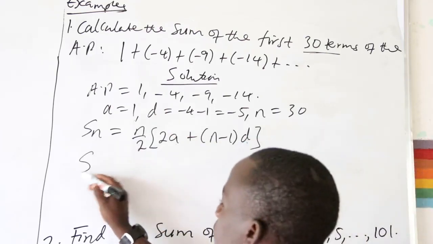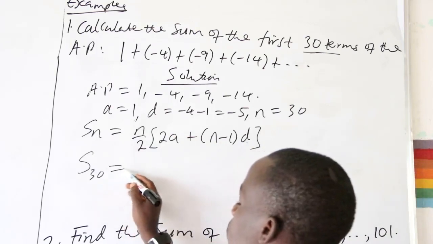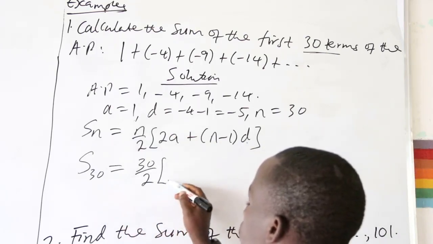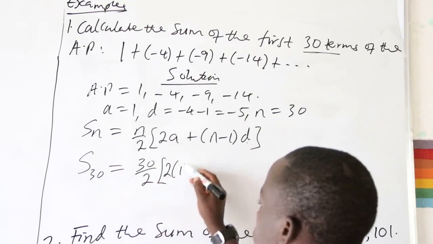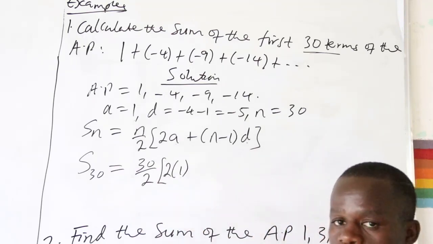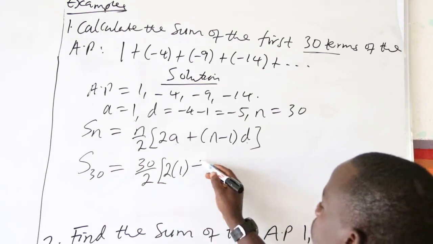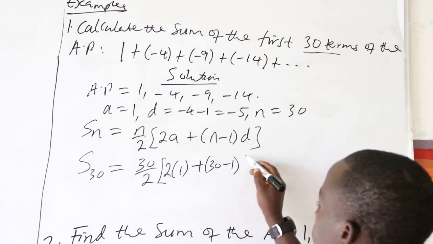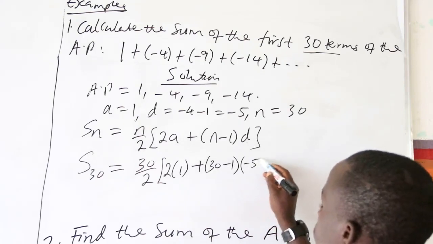So we now say S30 equals 30 all over 2 into (2 times 1, we are now making our substitution, plus (30 minus 1) times d, minus 5).